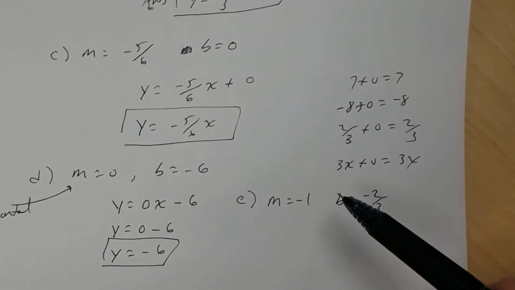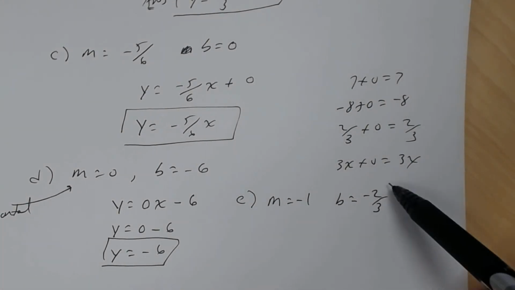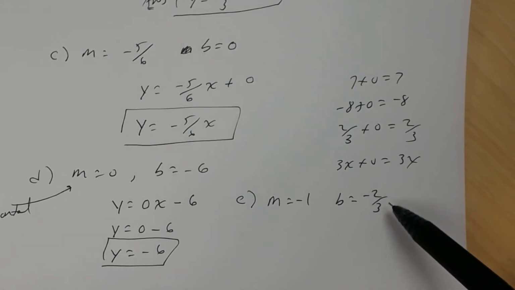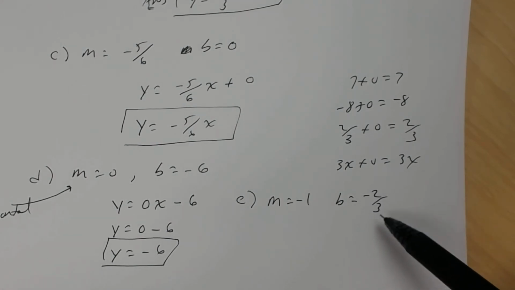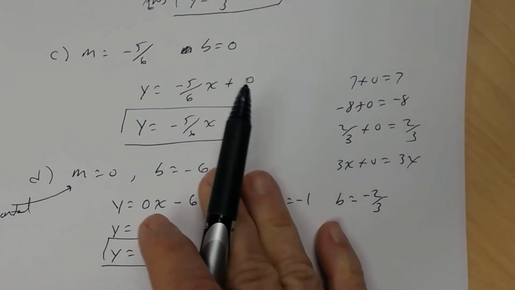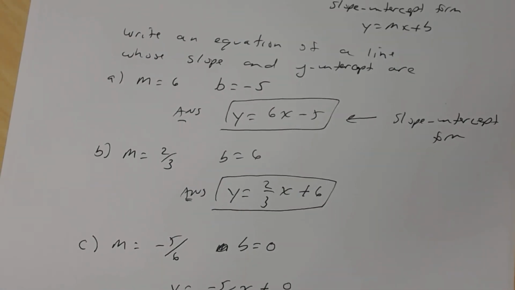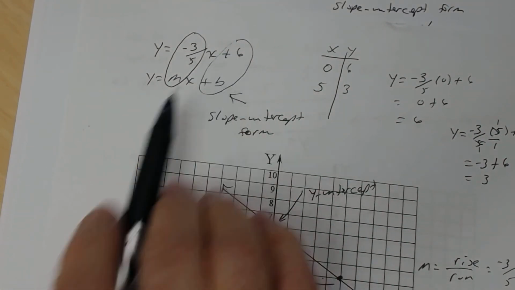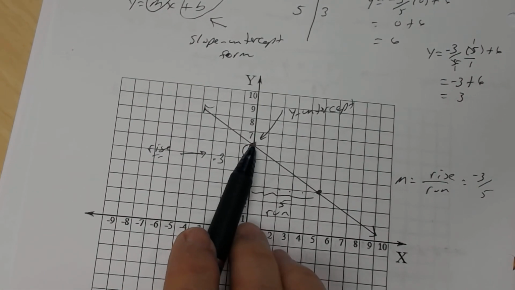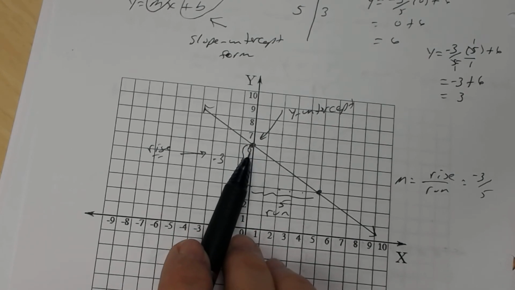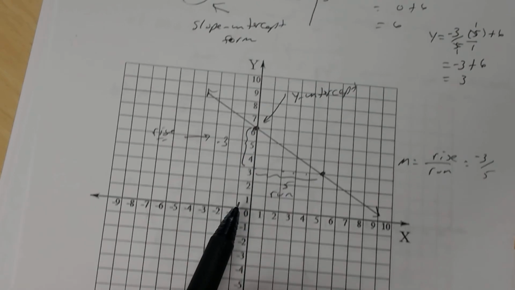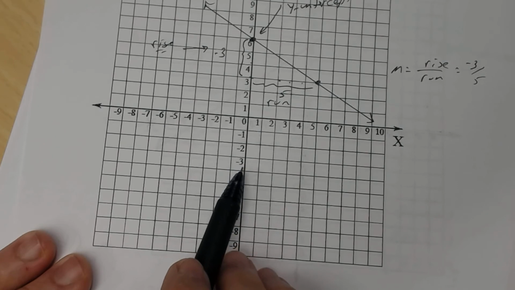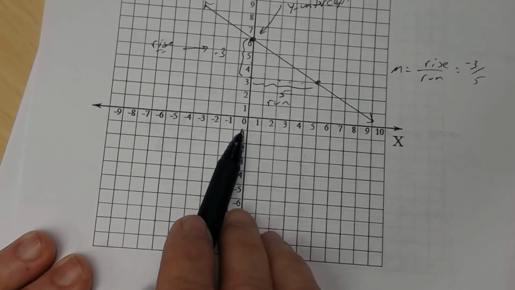But for our cases, when we graph these, the y-intercept is always going to be an integer because it's easier to graph. You don't have to estimate. So that's why when we graph this right here, the y-intercept was an integer. So you could easily see it. The others, it was like -3/5. You would have to estimate where -3/5 is. -3/5 is close to -1.